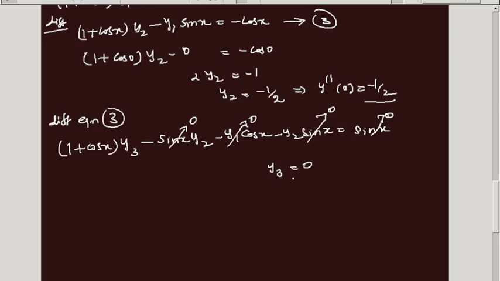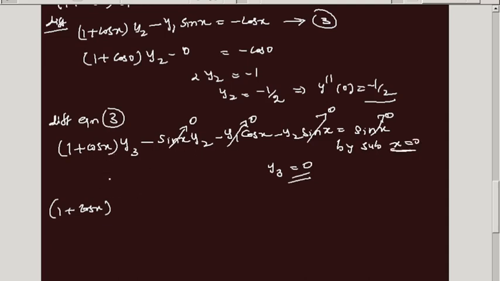So here we have the values. Now differentiate this one, 1 plus cos x. See, these terms are getting 0 by substituting x equal to 0.